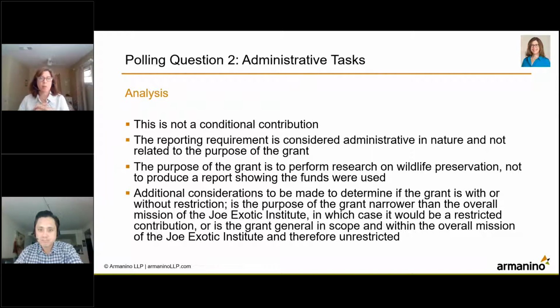They may not pay you, but you're still entitled to the funds. You have completed the terms of the agreement, and it's more like, I'm not going to pay you until you send me an invoice. But the work has been done. The other thing to consider is whether or not the grant is restricted, and Grant's going to walk us through conditions versus restrictions.